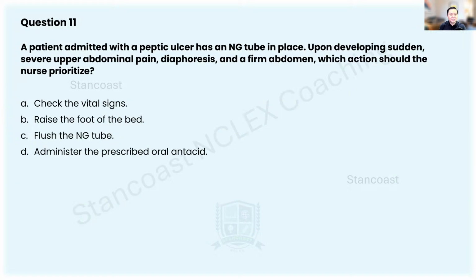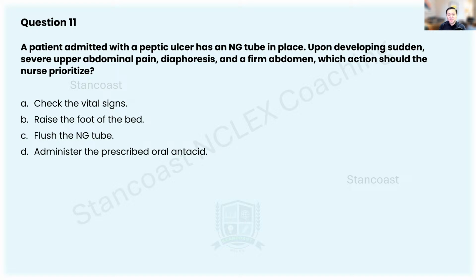All right, let's talk about number 11. A patient admitted with a peptic ulcer has an NG tube in place.